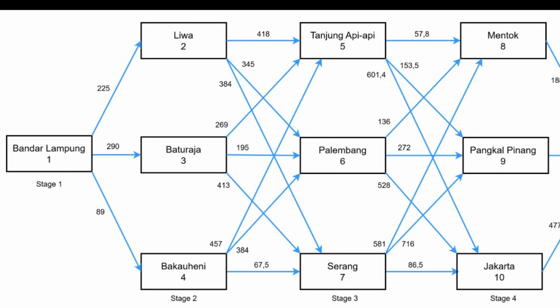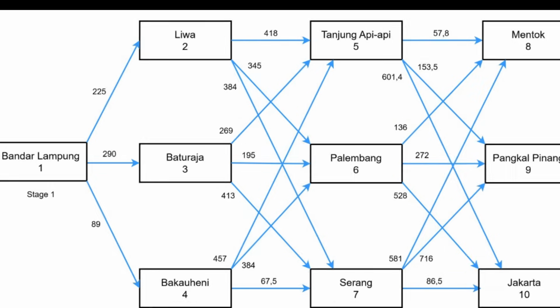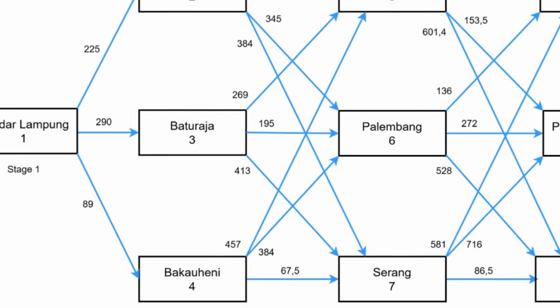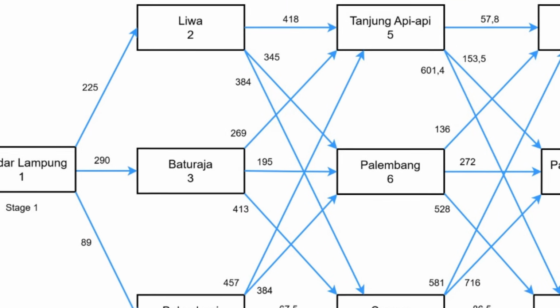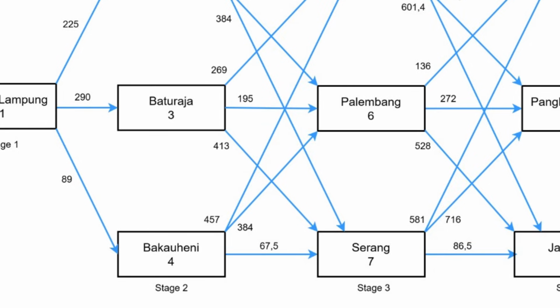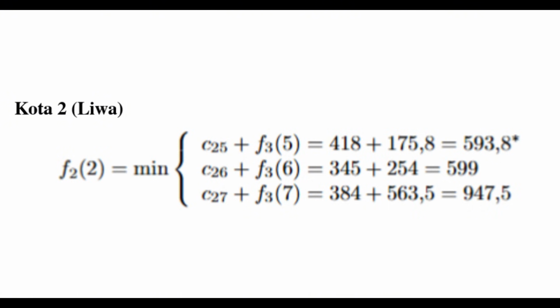First, for the city of Liwa, there are 3 options for the continuation route: via Tanjung Api-Api, via Palembang, and via Serang. Each city distance is added to the continuation distance to Belitung. From the calculation result, the smallest distance is 593.8 km, which is via Tanjung Api-Api.